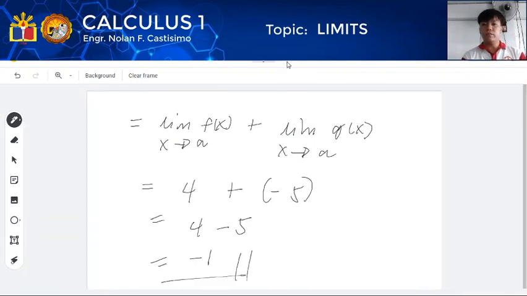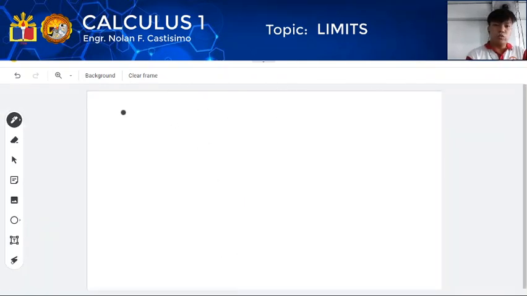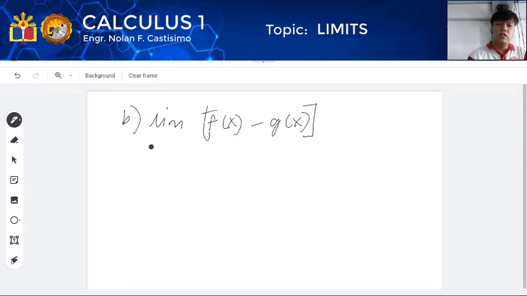Next. Example number 2 or letter B. We have the limit of f of x minus g of x. Oh, so ito naman na yung subtraction. Kanina, yung first example about addition. X approaches a.